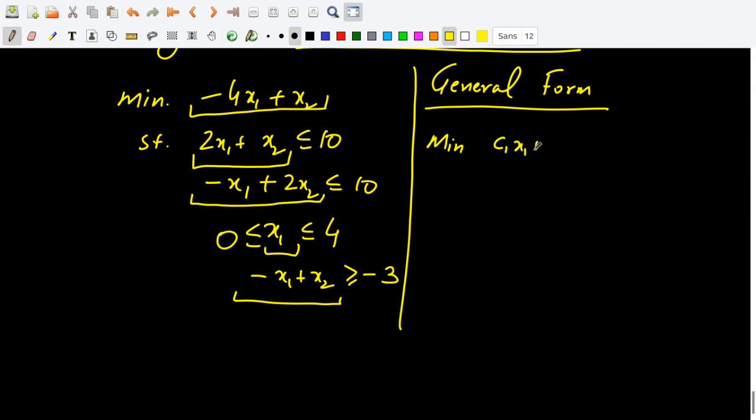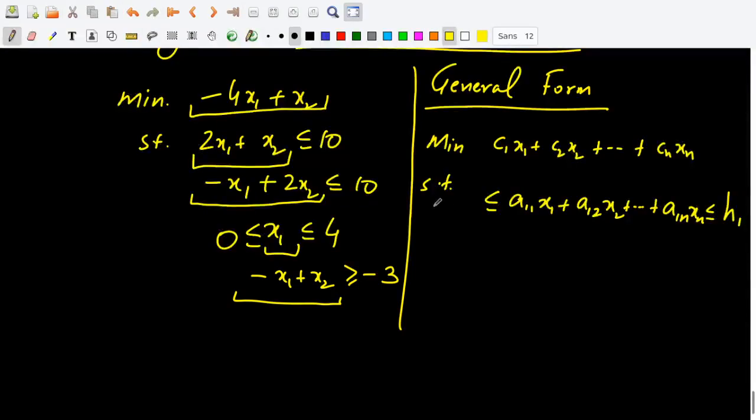So c1 x1 plus c2 x2, subject to, so I'm going to write my first constraint in terms of some coefficients multiplied to each variable. So I have some linear function, and I'm saying that it must lie between d1 and h1.